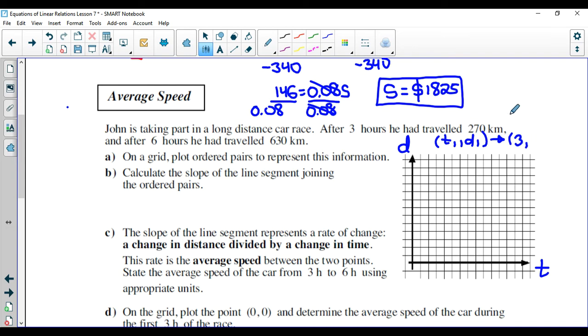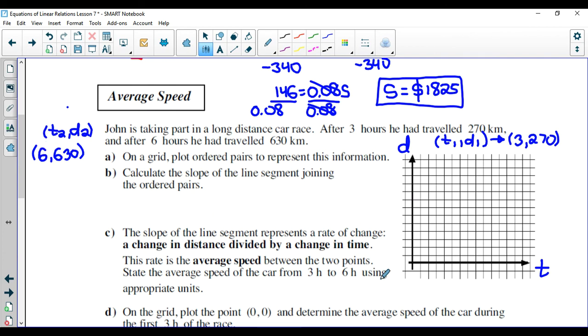And this would be, okay, time 1 is 3 hours, traveled 270 kilometers. And then over here, the second point would be T2, D2. And this would be, after 6 hours of driving, they've gone 630 kilometers.